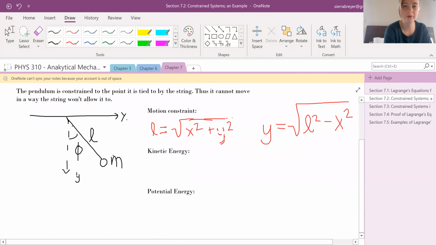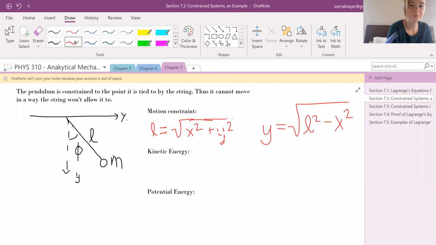The next thing we want to look at is the kinetic energy of the system.